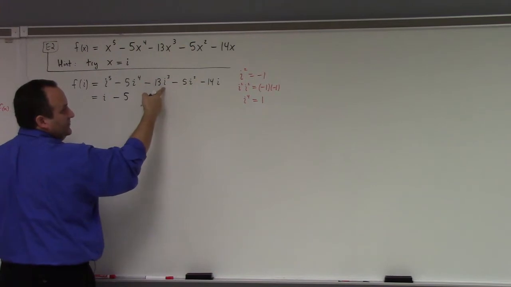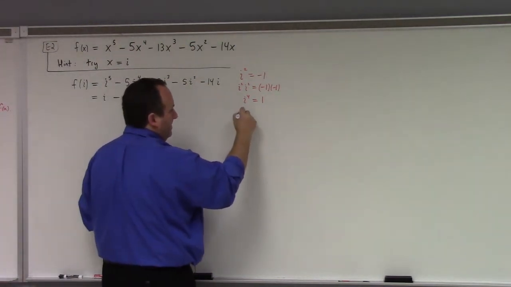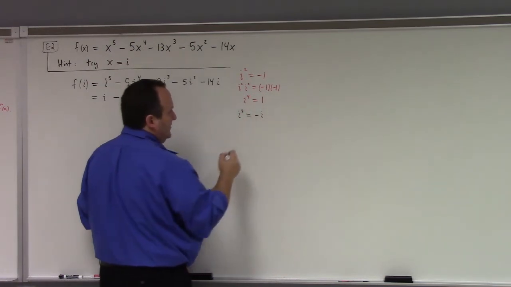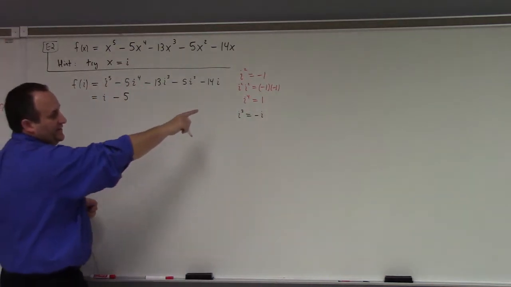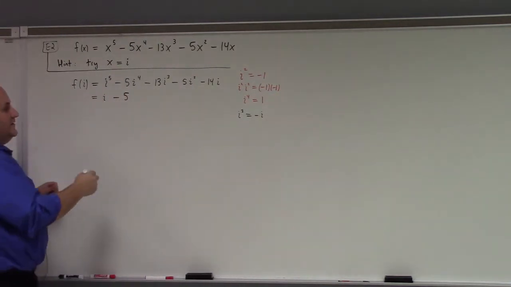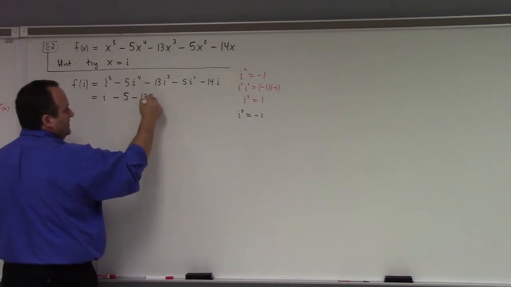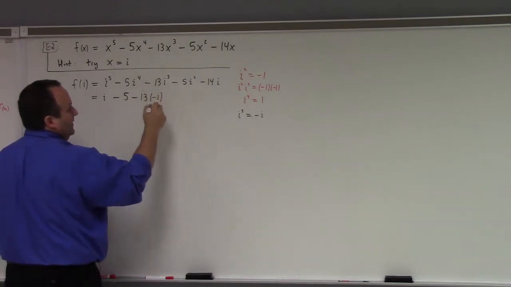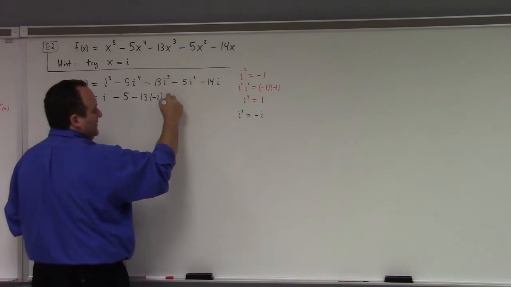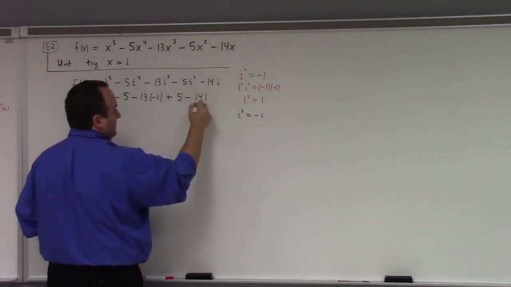I cubed, what's i cubed equal to? If we multiply i squared equals minus 1 by i, we get i cubed is equal to minus i. So that gives me minus 13 times minus i. i squared is minus 1, so that gives me a plus 5. And then minus 14i. How does this work out?